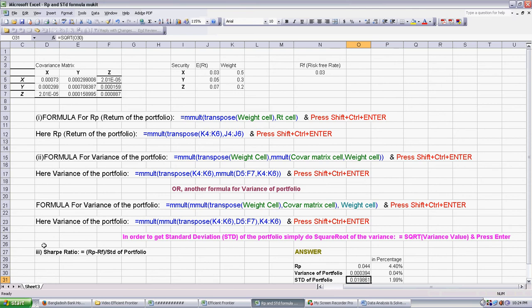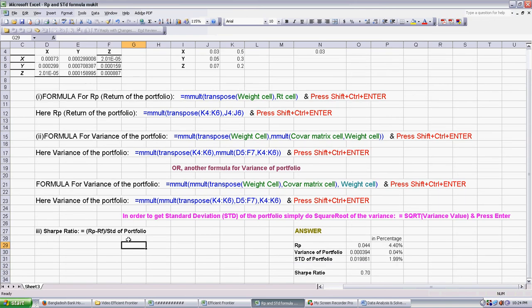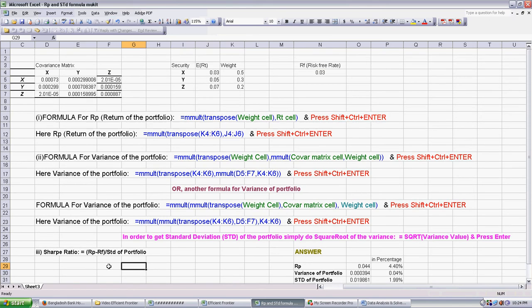And the last one is the Sharpe ratio. This Sharpe ratio tells the excess return of the portfolio over the risk-free rate divided by the standard deviation of the portfolio. So this formula is RP, the return of the portfolio, minus the risk-free rate, divided by the standard deviation of the portfolio. For the risk-free rate, you can use the 3-month treasury bill rate or the 5-year bond rate. Here we have put a hypothetical risk-free rate, that is 0.03.